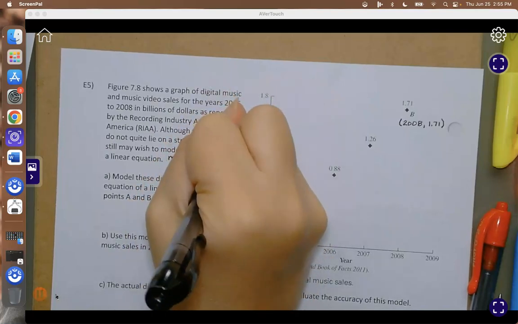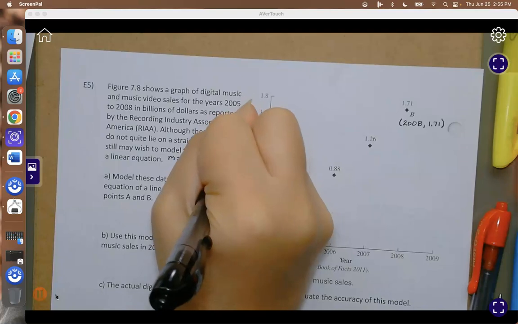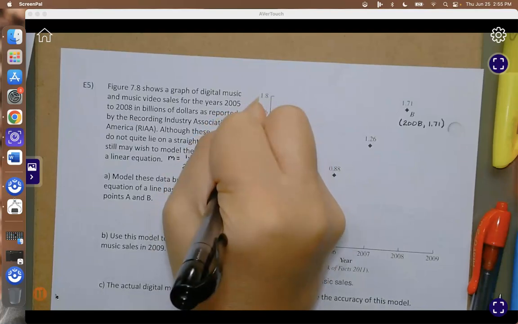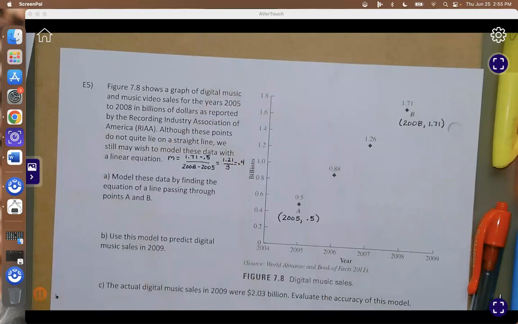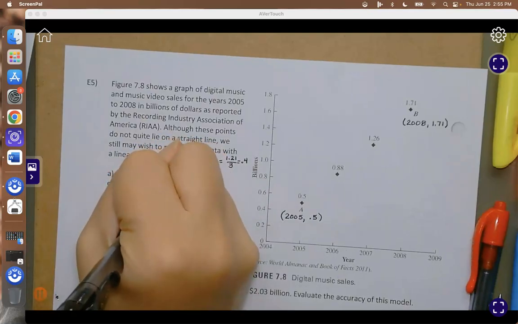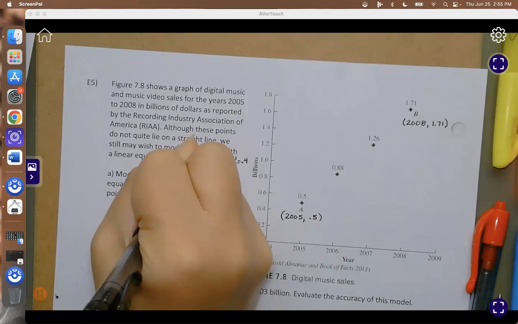So that gives me 1.21 divided by 3, which is 0.4. Okay? Now, this means that our slope is 0.4.